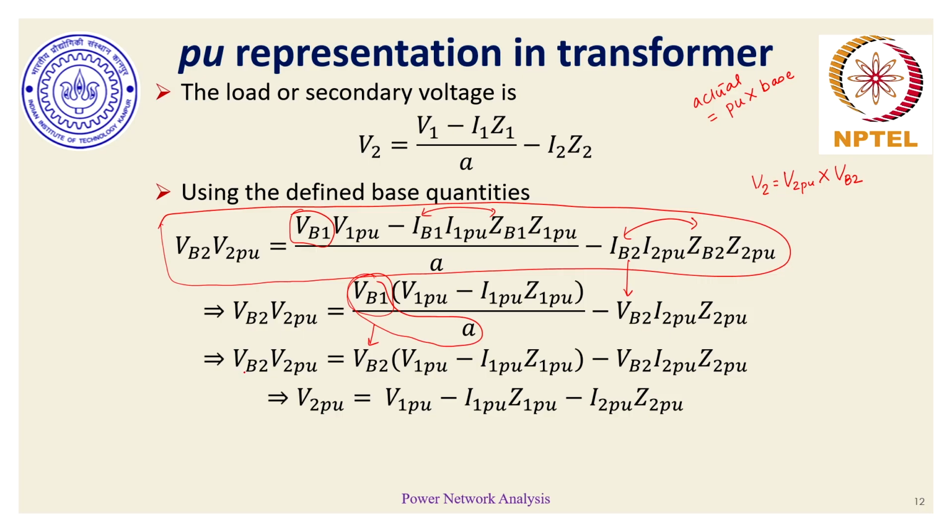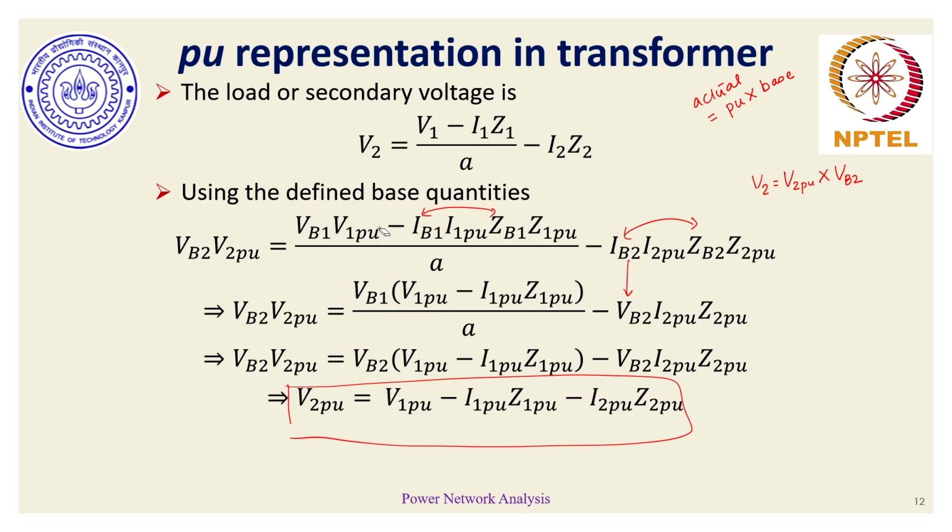And now if we compare this equation, we have VB2 common on both the right hand side and left hand side, and we know for sure that VB2 is not a zero quantity because it's a base voltage. So we are left with this equation wherein we see that the actual equation which had this ratio of A in it, the converted equation in per unit doesn't have a turn ratio at all.